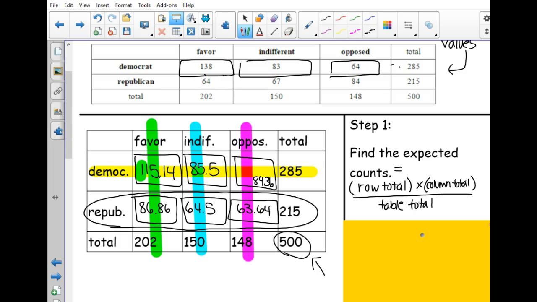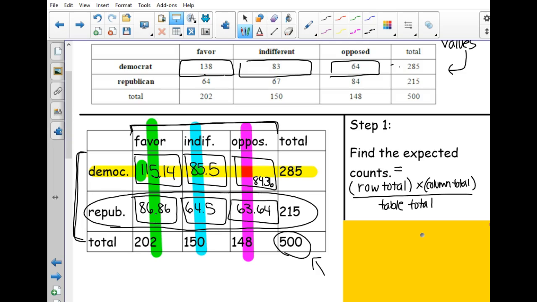All right, so we have it all down, and just as a reminder, what are these expected counts? These expected counts are what should happen if the political party is independent of our opinion on tax reform. So if they are truly independent, this is what the expected counts should be.